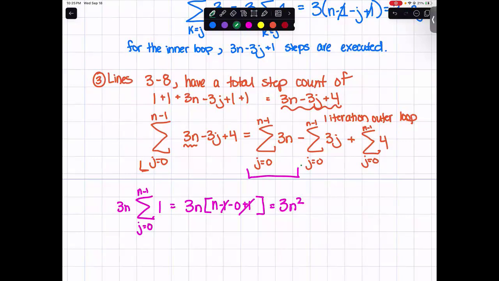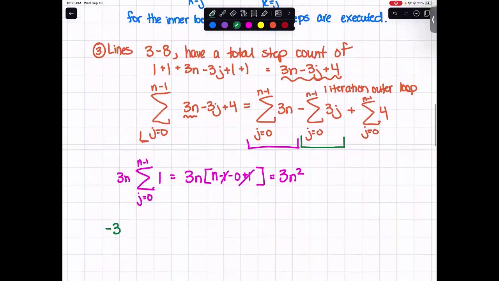Let's next look at this one, where we'll do the same thing. We'll factor out that 3. Don't forget there's a minus there, so I'm just going to add it in so that we don't lose it as we go. This is going to be equal to n times n plus 1.